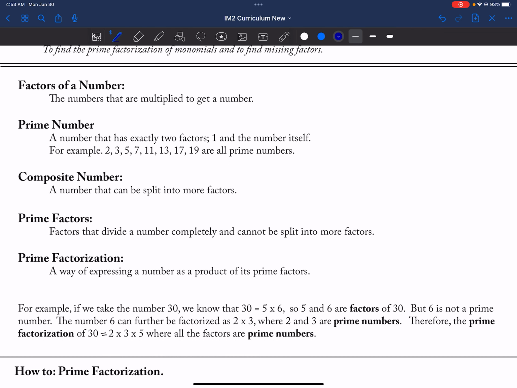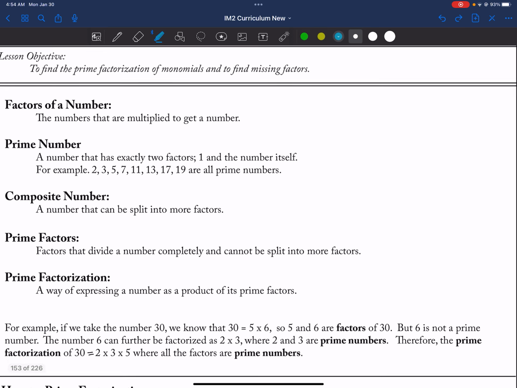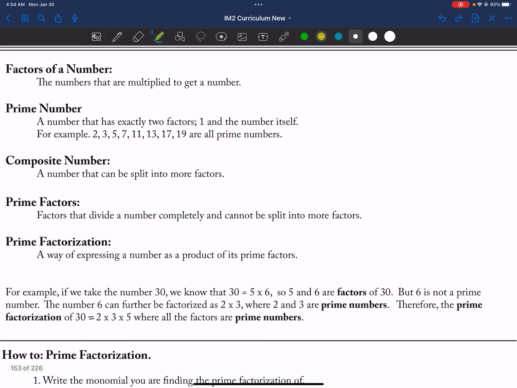So, for example, if we looked at this number 30, writing its prime factorization will be a little bit different than writing factors of the number.